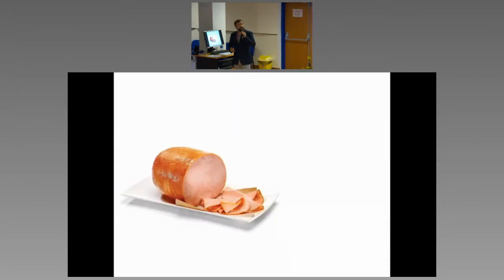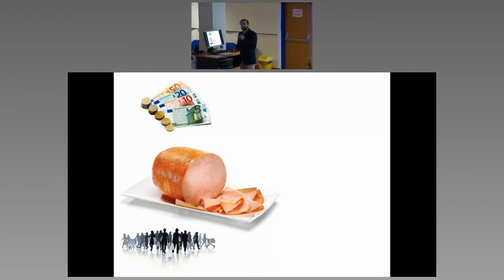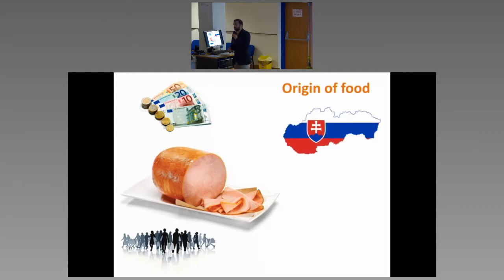So let's say we have a product, and what are consumers interested in? To be honest, consumers are generally interested only in money. But there is a really small part of consumers who are also interested in the origin of food in a certain situation.